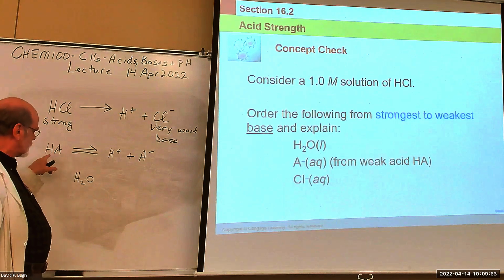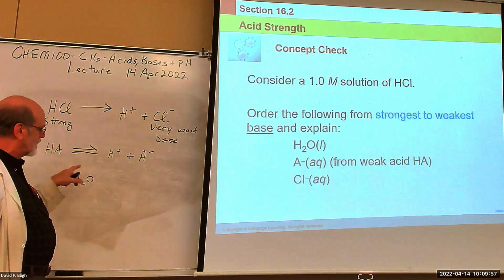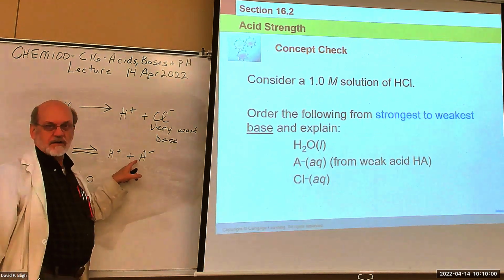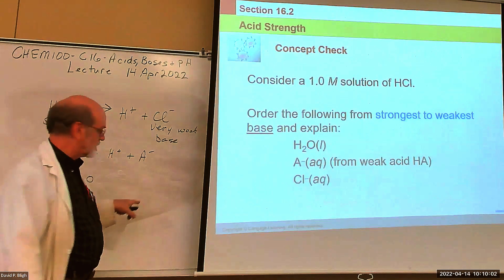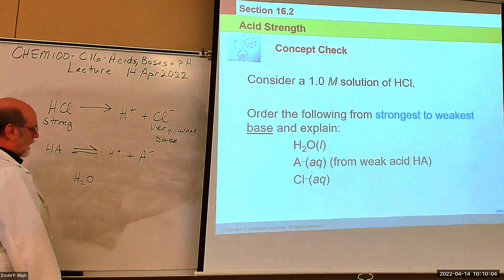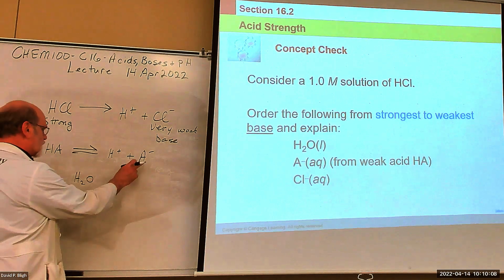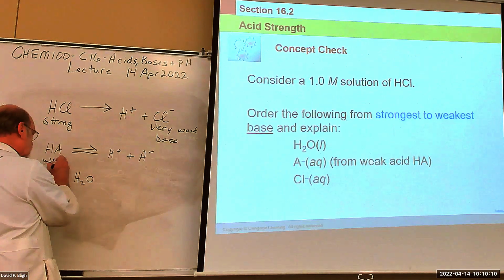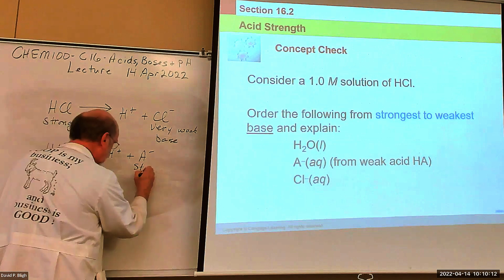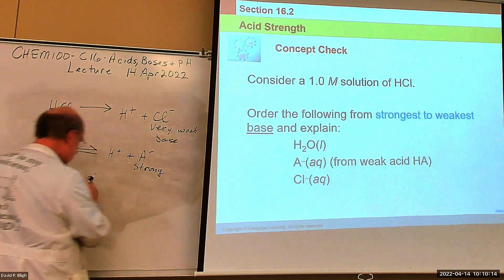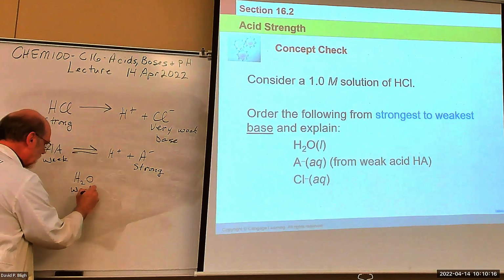Actually, this acid is stronger than water as an acid. So that makes the base weaker than water as an acid. Excuse me. This is weak, strong. As a base, this is weak.